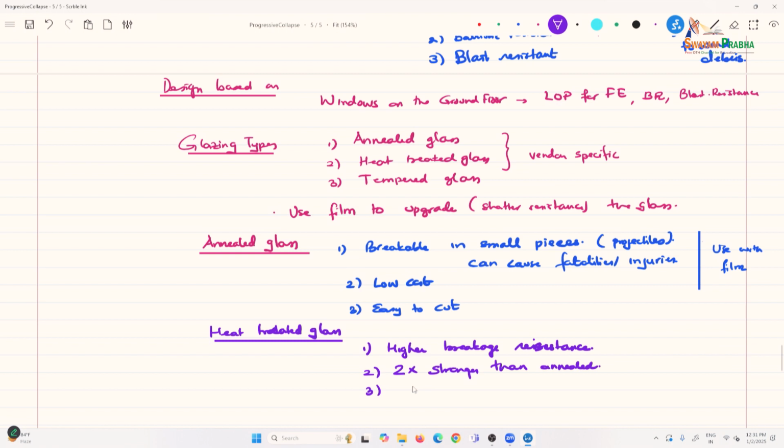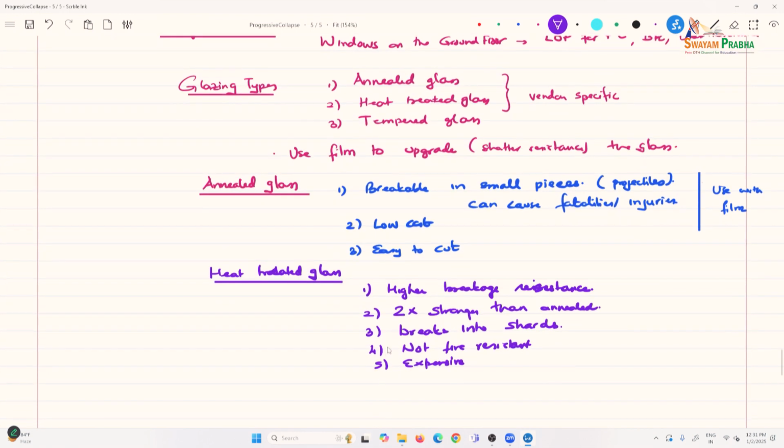Annealed breaks into small pieces, but this heat treated breaks into shards, larger pieces. It is not fire resistant. It is expensive compared to annealed glass and cannot be cut easily. Annealed is easy to cut, this is not, so you have to treat the glass to the size that you desire.